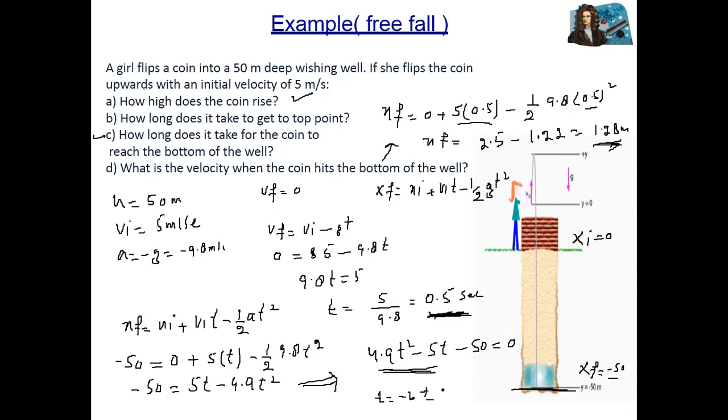Minus b plus minus the square root of b square minus 4ac, divided by 2a, correct? So you will receive two values for t. One is a positive value and the second one is a negative value, but time is always positive, so you can use the positive value.